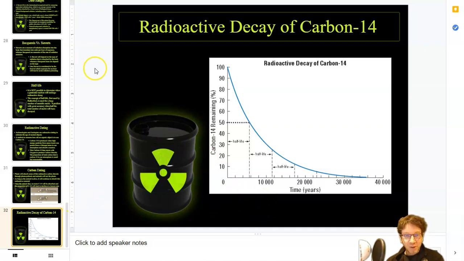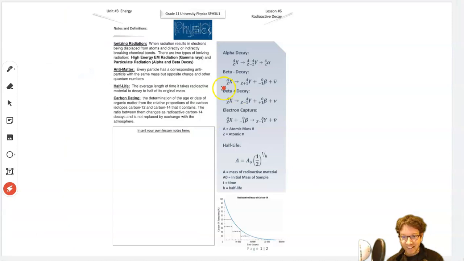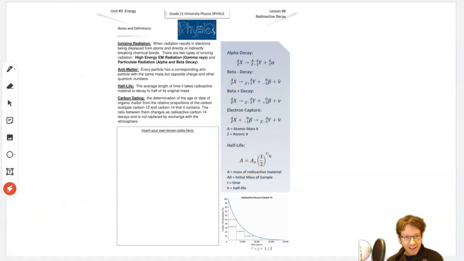And we have an equation that we can use. It's on our handout here. So here we have A, the amount of radioactive material, equals the initial sample, how much you had initially, times a half to the power of T, the time that has passed, divided by H, the half-life of the object.